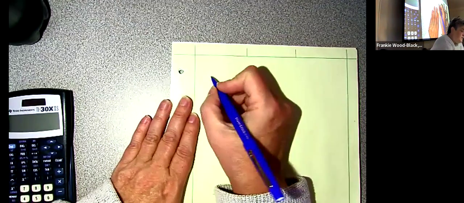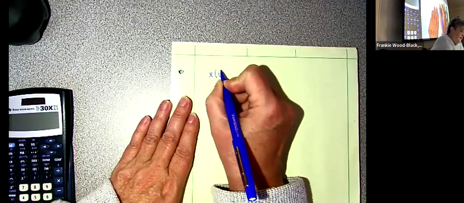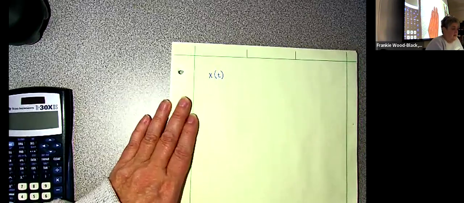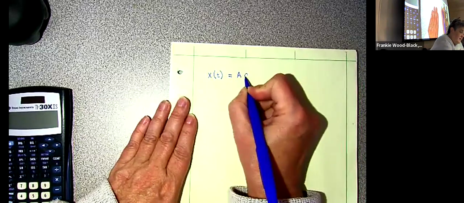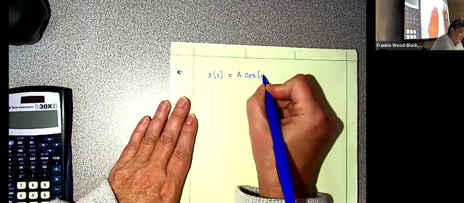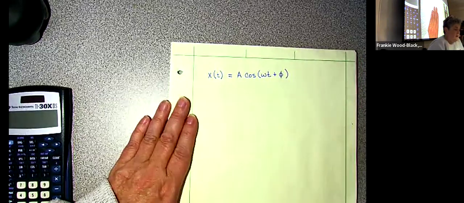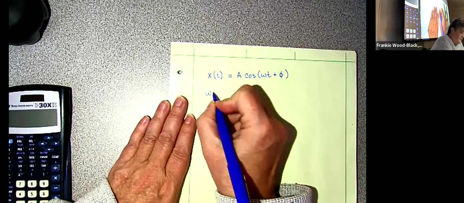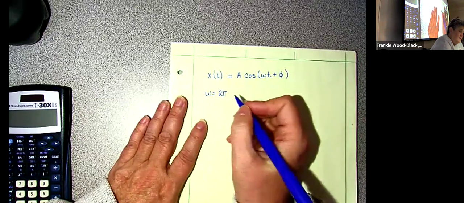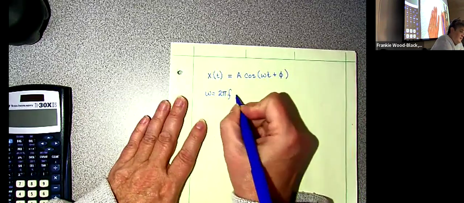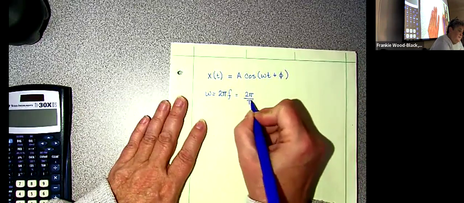So we're going to use this idea that the position of our spring, of our bead, or anything else is going to be represented by this equation. Where omega is going to equal 2 pi times the frequency, or 2 pi over the period.